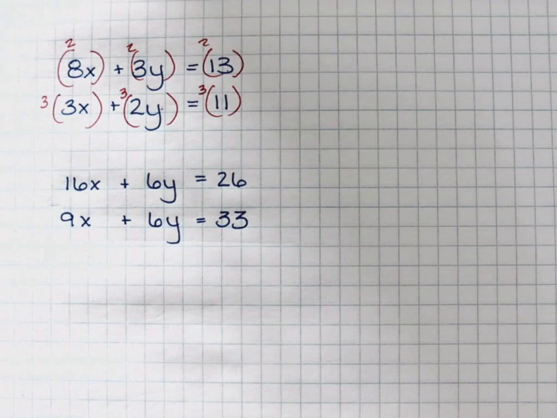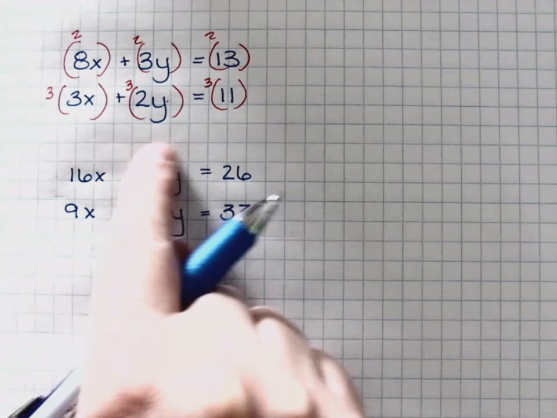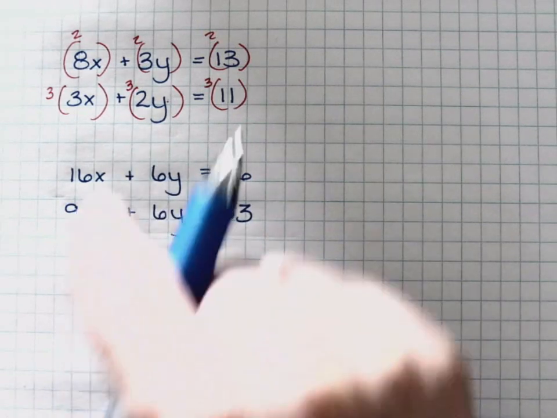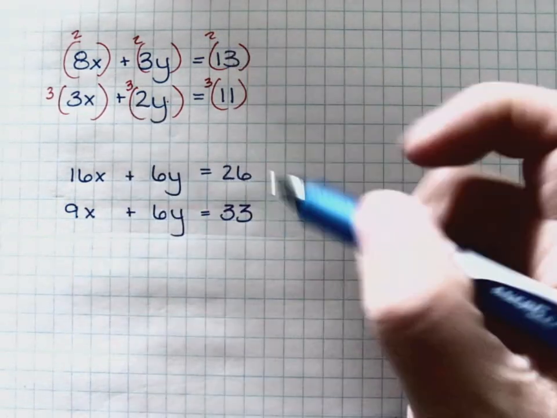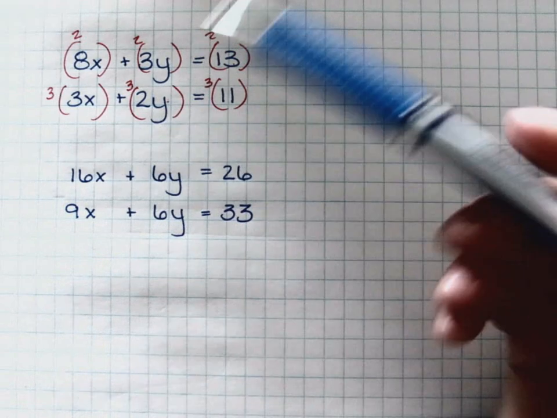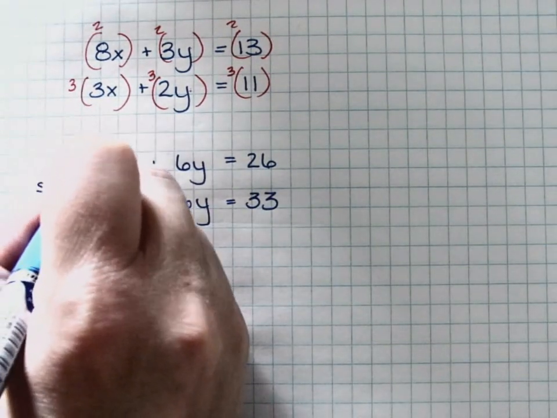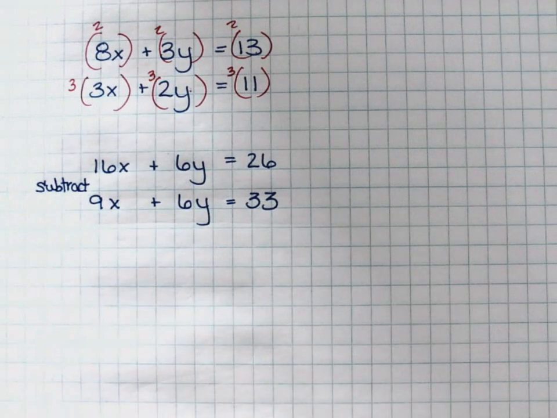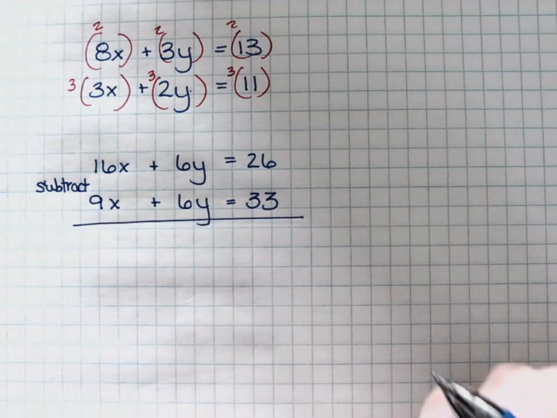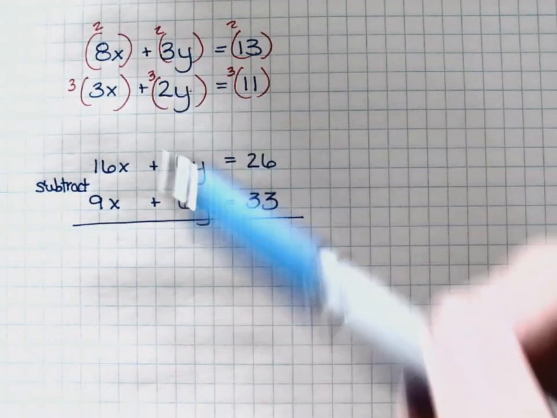All right, so now I have to decide if I'm adding or subtracting. So again, y is what I'm trying to eliminate. And because they're both positive this time, I'm going to go ahead and subtract, because that's the only way I can get rid of them. All right, so we're going to go through and we're going to subtract everything.